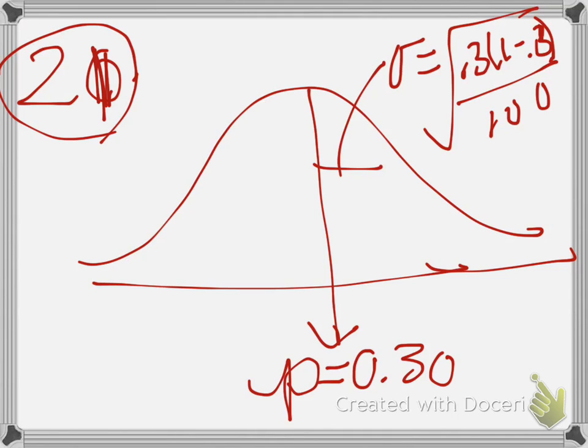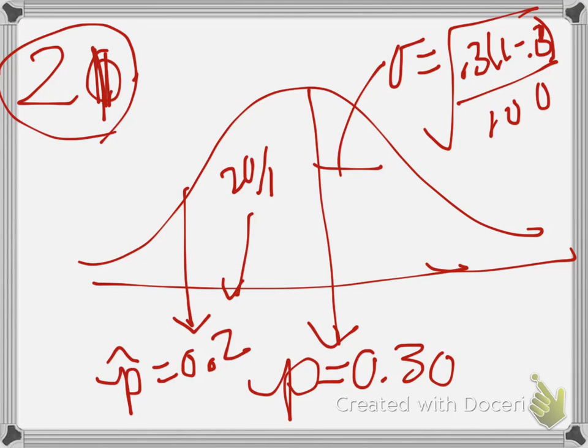Now it says to test this claim, of the 100 travelers, 20 get the red light. You're going to have to find the statistic again, just like in number 19. I talked about the importance of that. 20 over 100 is 0.20. p-hat is equal to 0.2. Again, how did I get that? That's 20 over 100. Okay? Now that it's set up, I do my z-score.